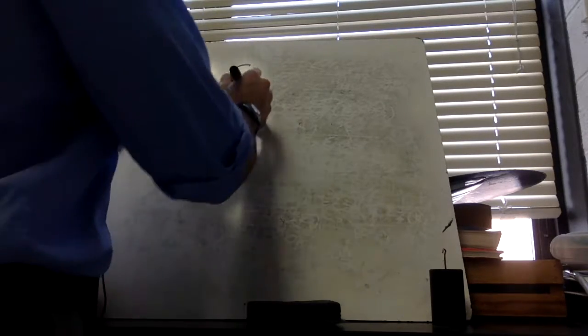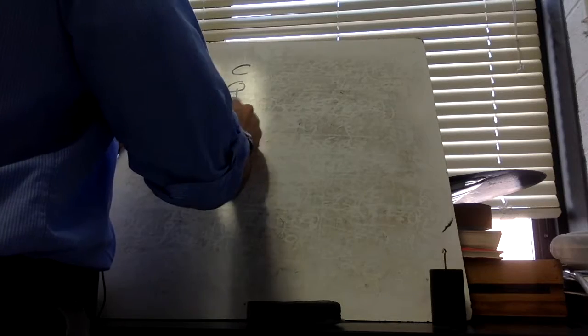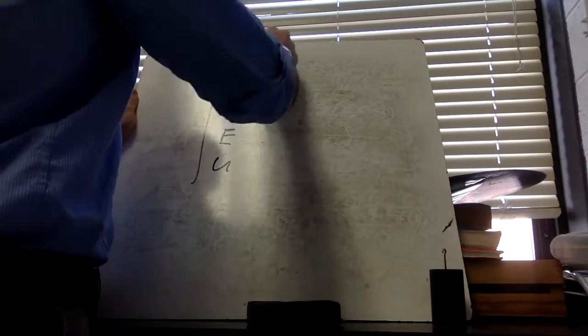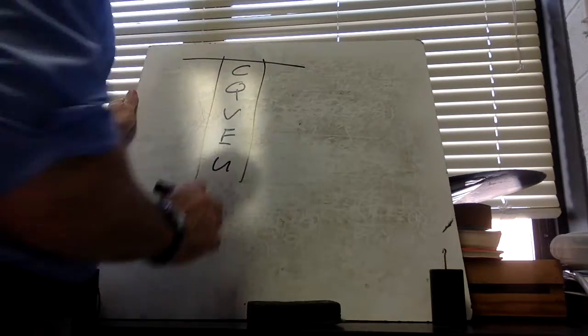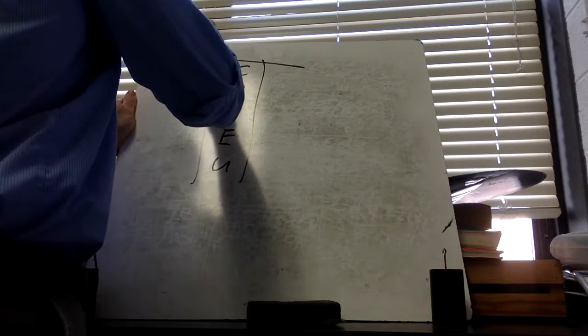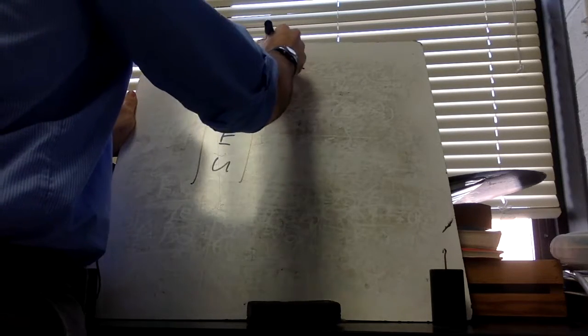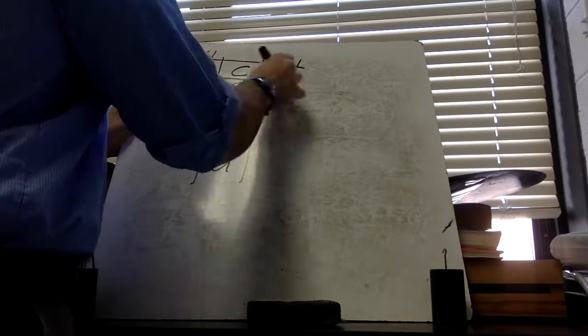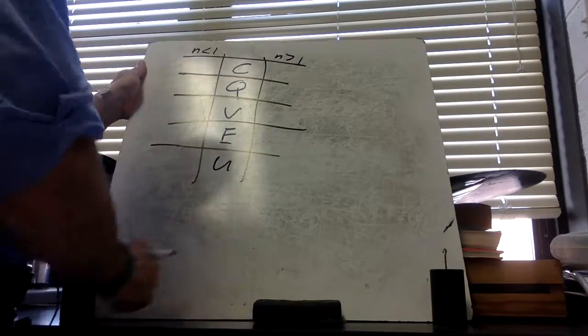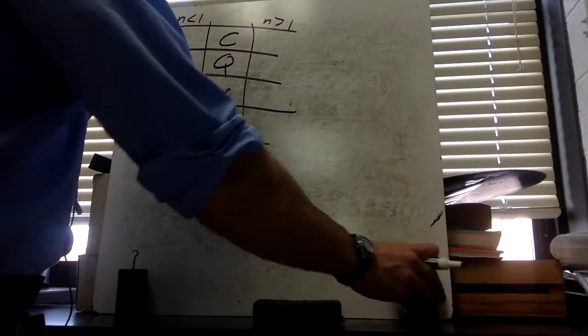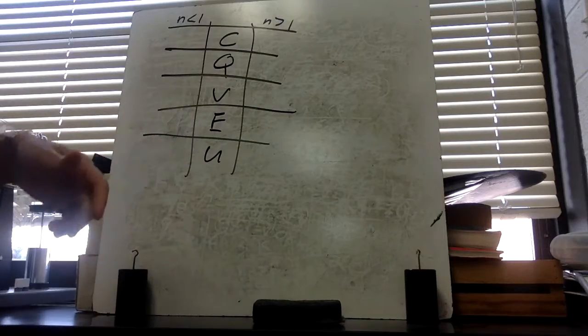And so we've got this chart, C, Q, V, E, and U. But now we've got two things. This is for n less than 1 and for n greater than 1. And so what's the thing that we're altering here? What we're changing is the distance between the capacitor plates, right?